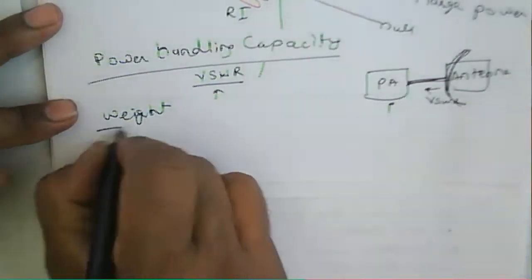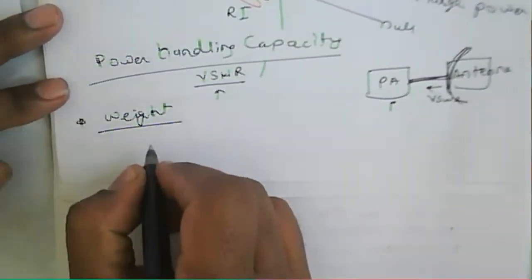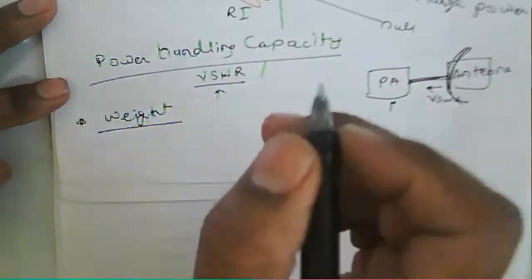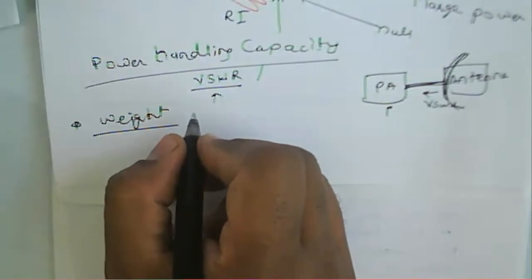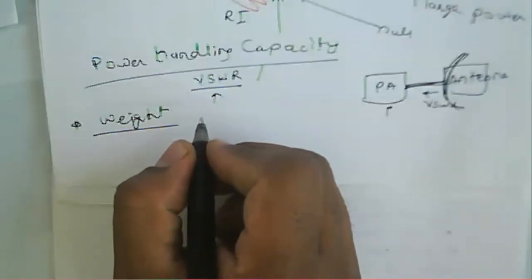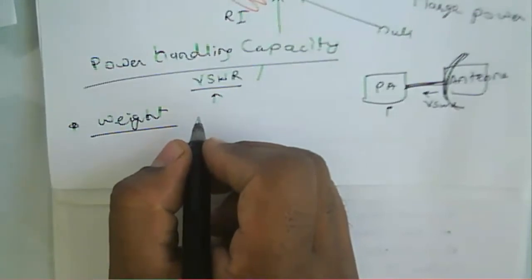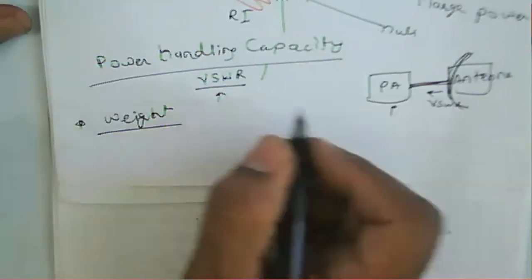because the total satellite weight consists of the weight of that antenna also. It means if we increase the size of that antenna, the total overall weight of the satellite will be increased.